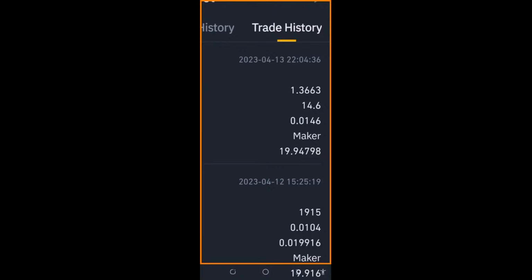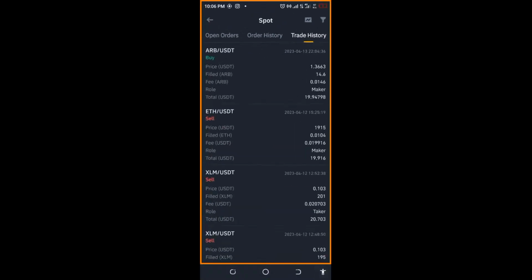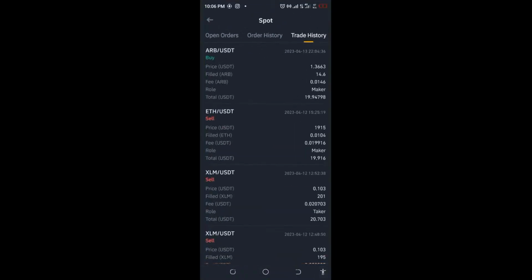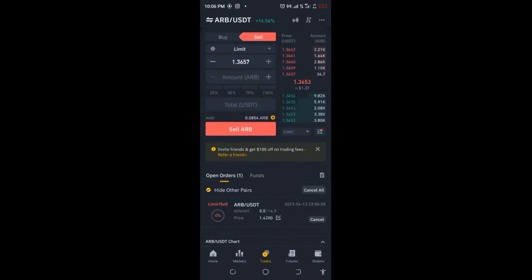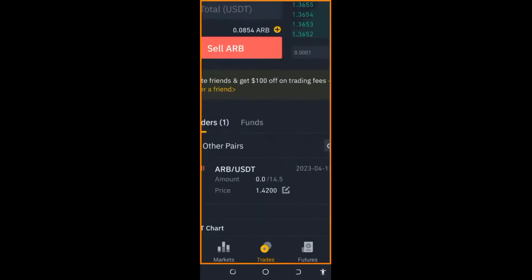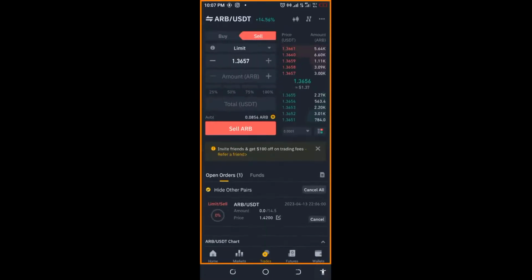What if we don't get it sold? Then that means we don't have a choice. It has to be sold. The only other option is a loss, but by the grace of God, that will not be. Sorry, we bought it at $1.36. Okay. Let's hope we get it sold. And right now, we have put a sell limit at $1.42. Let's hope it does.